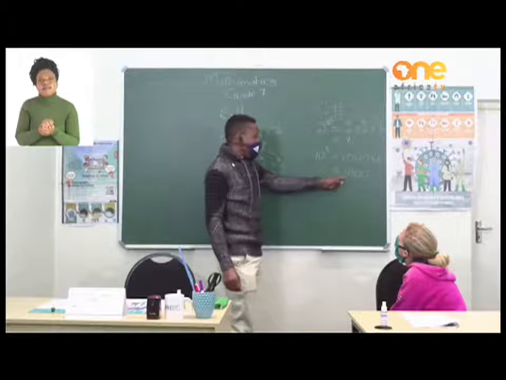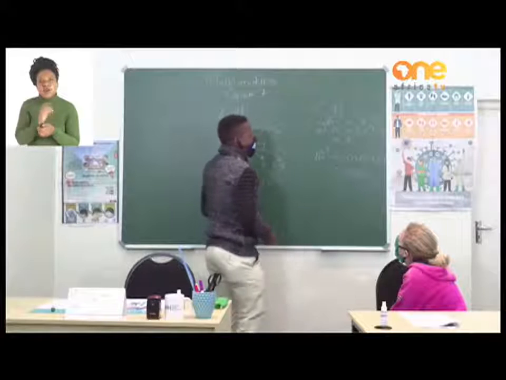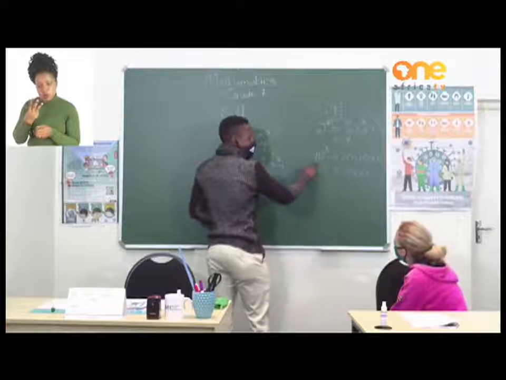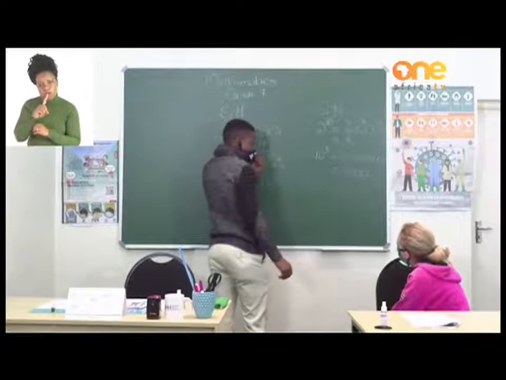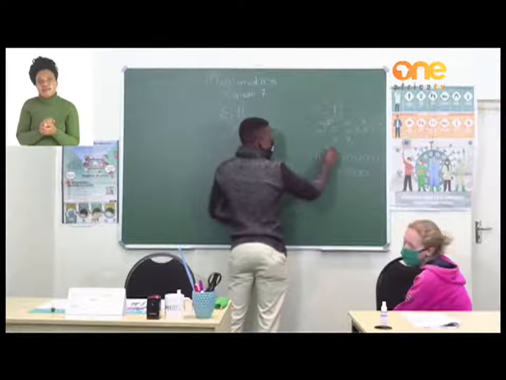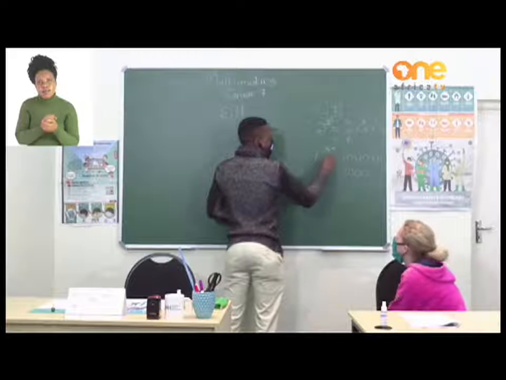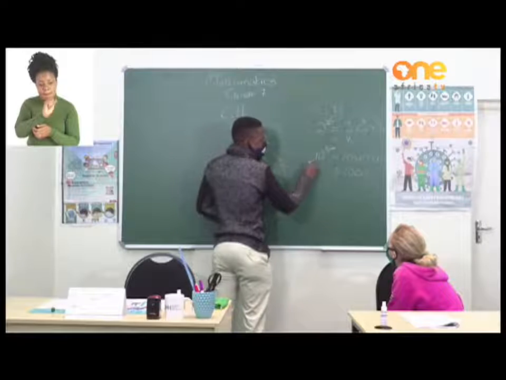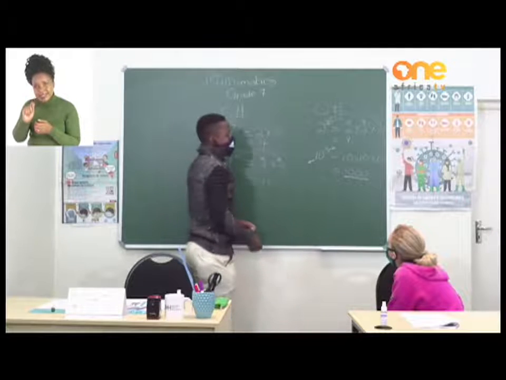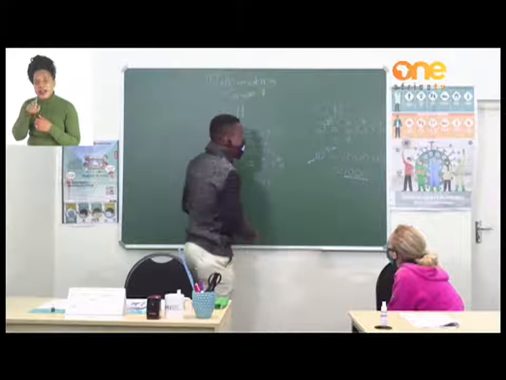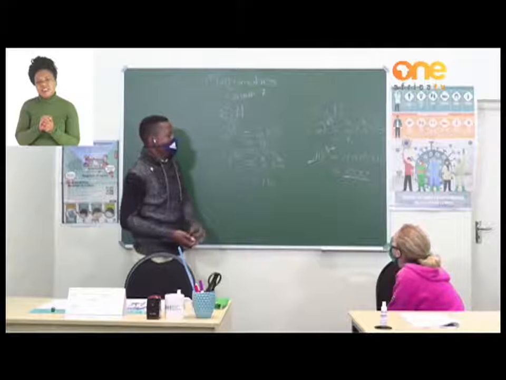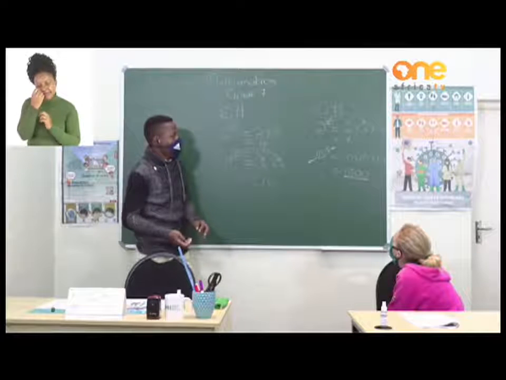So we say 1,000 is a cube number coming from 10 cubed, 10 times 10 times 10. This is an exponent, this is a base, and this is a cube number, or we can say the product. So with that, I believe this is much easier to do and clear.